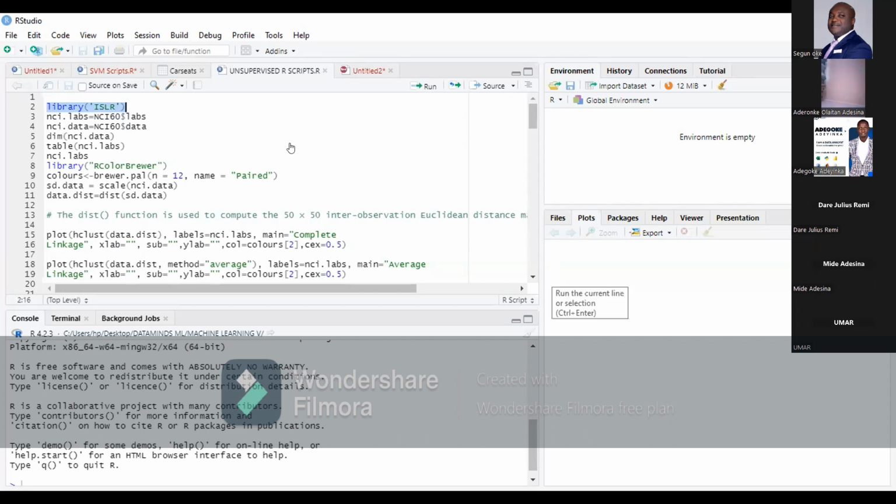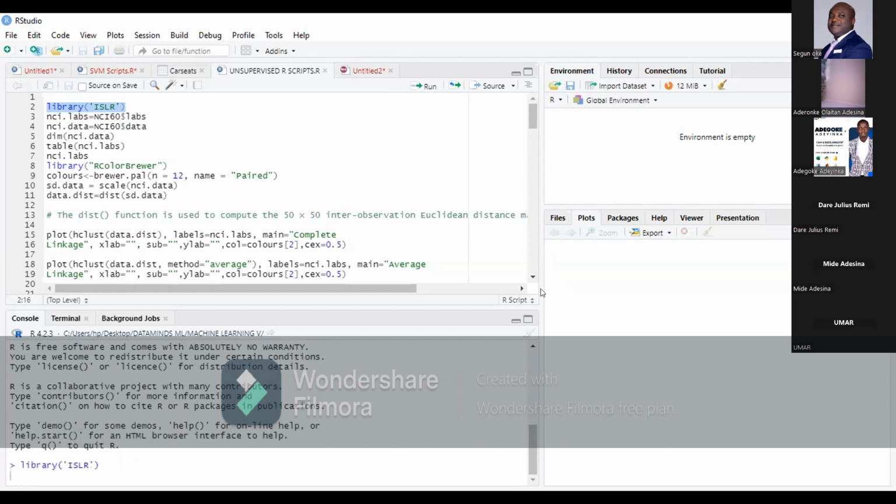If we run this line, before you can use this package, you should already have it as one of your libraries, so I can call it whenever you need it. The next thing is we call our data.